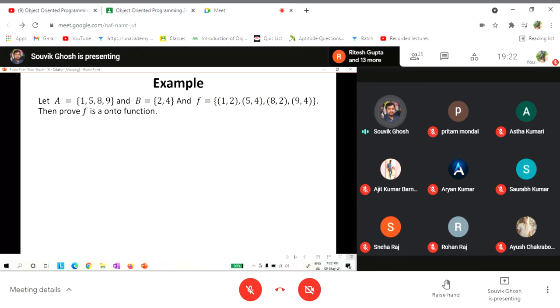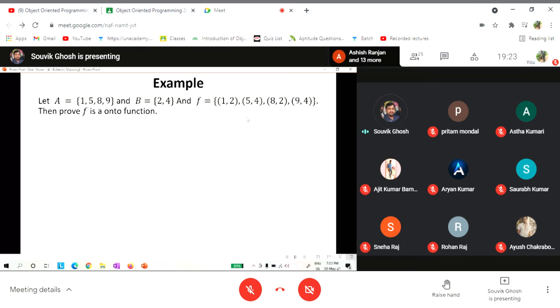You can check that in the codomain we have only two elements, 2 and 4. We have to check whether 2 and 4 have a pre-image in the set A or not. Obviously 2 has a pre-image 1, 2 also has pre-image 8, 4 has a pre-image 5, and 4 also has a pre-image 9.